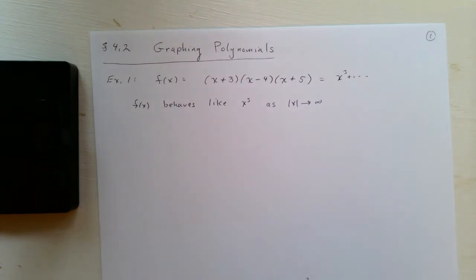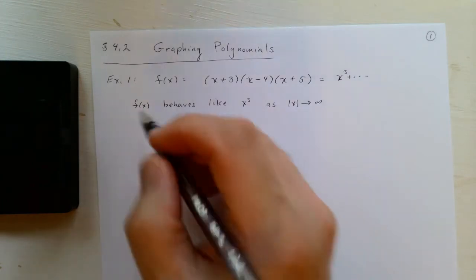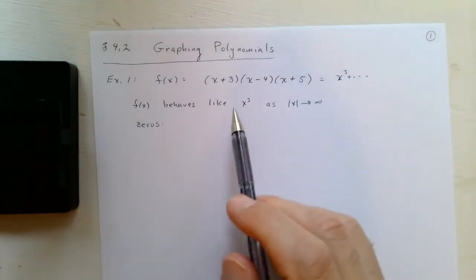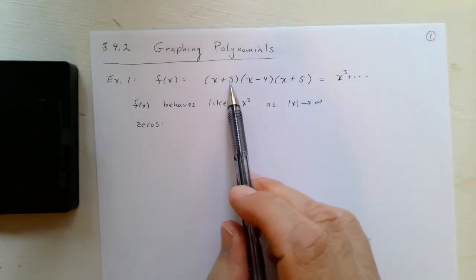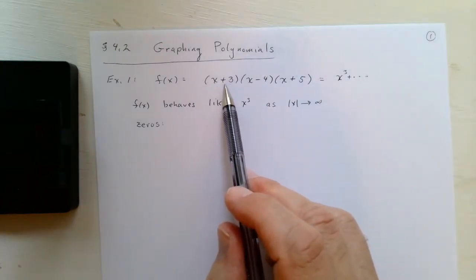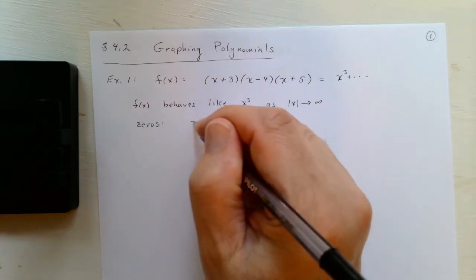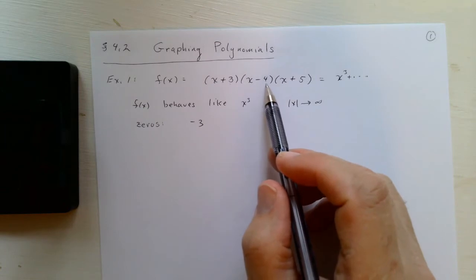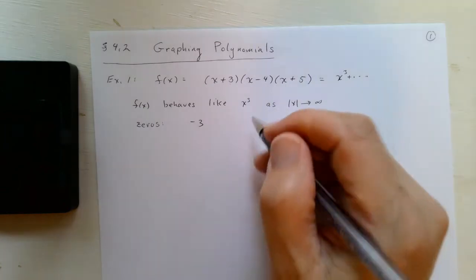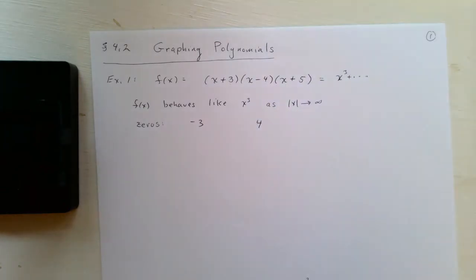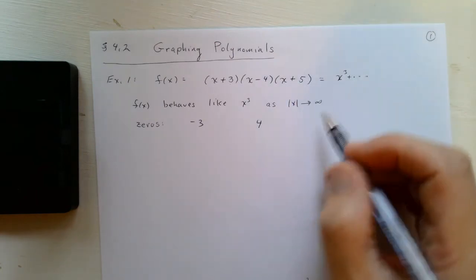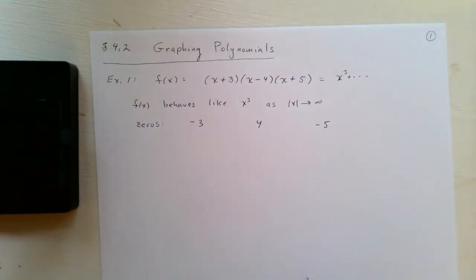All right, next, let's see what the zeros are. And we can see the factors are x, x plus 3, that's the same thing as x minus negative 3. So negative 3 is a zero. x minus 4 is a factor, so that means 4 is a zero. And we can see x minus negative 5, so negative 5 is a zero.